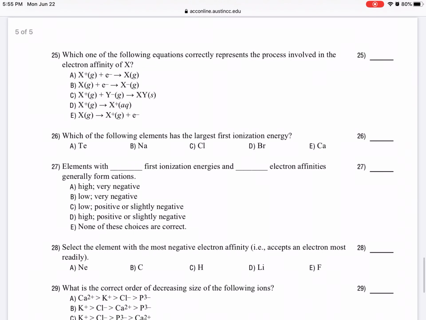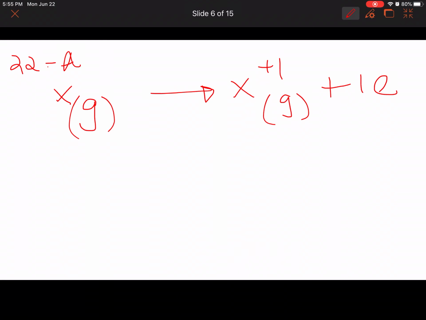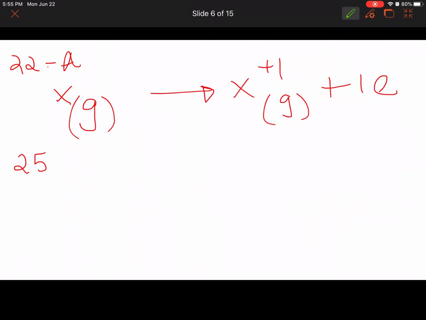25. Which one of the following equations correctly represent the process involved in the electron affinity? So electron affinity means gaining an electron. So let's say you have a gaseous atom, X gaseous atom, gain one electron.